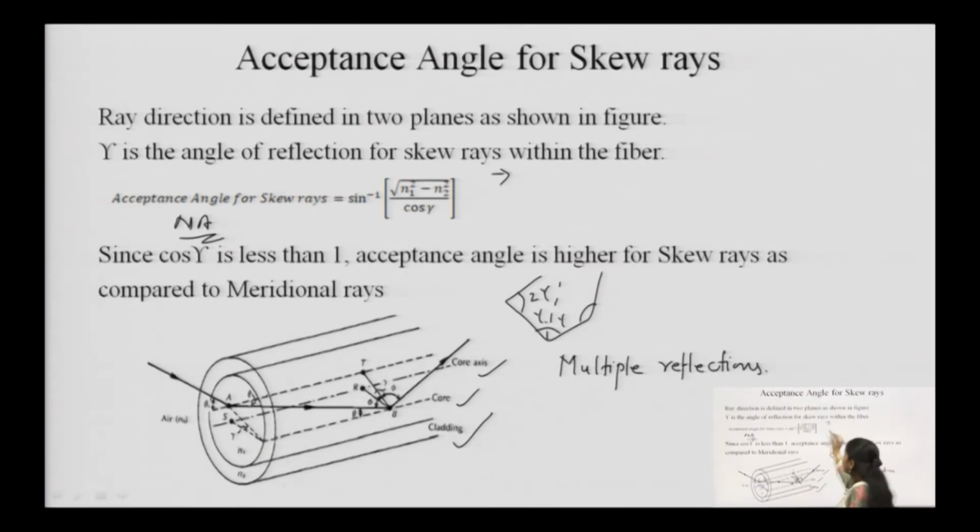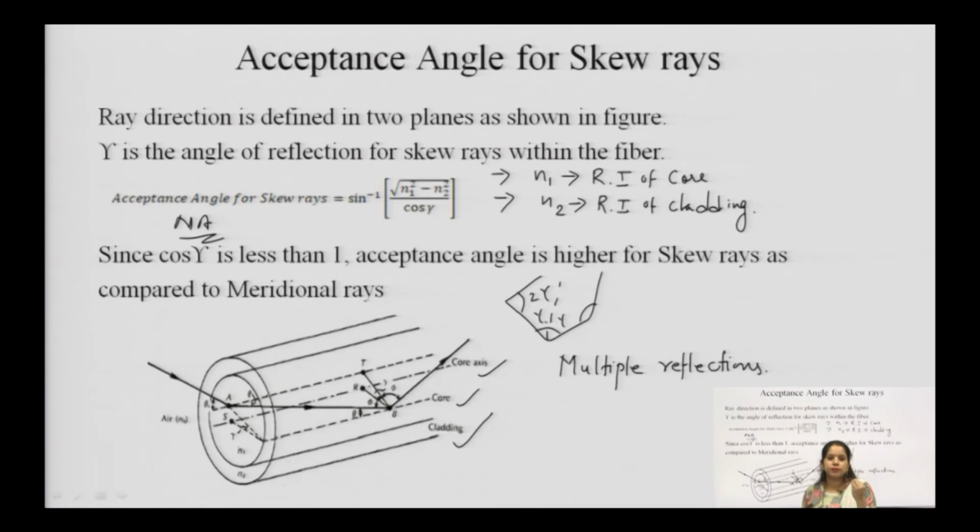As known to you, n1 is the refractive index of core, n2 is the refractive index of cladding. And for total internal reflection, which is the most important phenomenon responsible for optical communication, n1 should always be greater than n2.